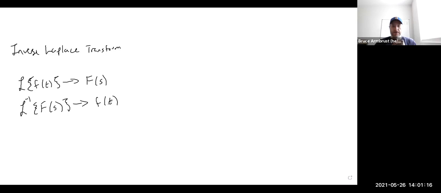And that's what makes the Laplace transform even better, is that if you're given the result of a Laplace transform, you can actually go backwards and find what the original function was. So basically it's using that table just in reverse.